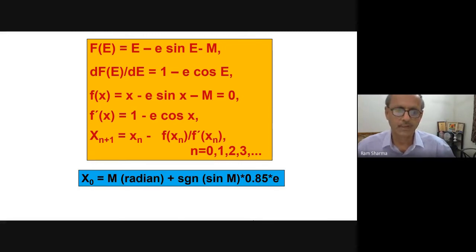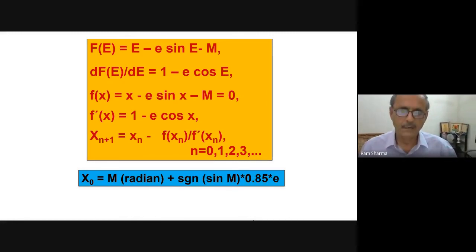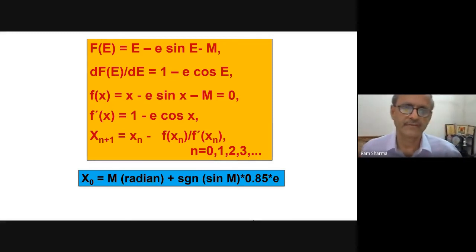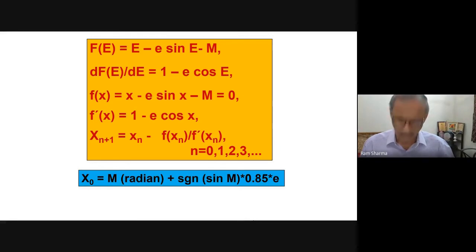We take m in radians, because the 0.85 times e is in radians, so whatever value of m is given to us in degrees, we convert into radians. I will give you an example. This method works well; the convergence of the Newton-Raphson method is very good, and even for higher eccentricity you get very nice solutions.